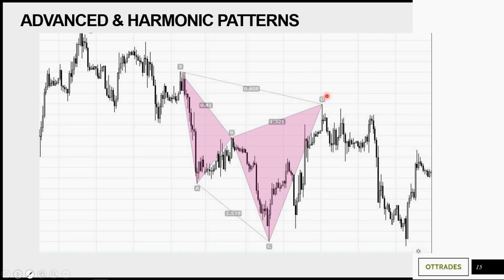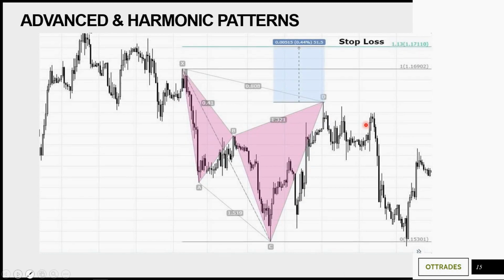Stops can be personalized to fit the trading style, but the conventional way of placing them is at 1.13 of the X to C leg. So we stretch our fib extension tool from the C point up to the X point, and use 113% of this move.